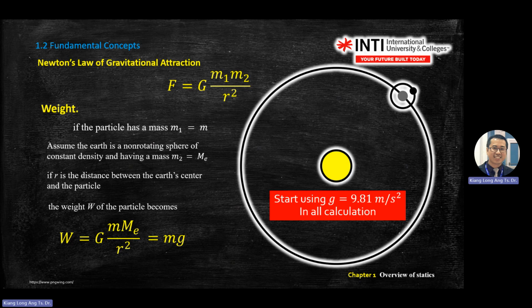Second equation, F equal to ma. Another equation, W equal to mg. W is weight. Weight is a vector. A vector has magnitude and direction. So on the Earth, all the weight is pointing where? To the center of the Earth.